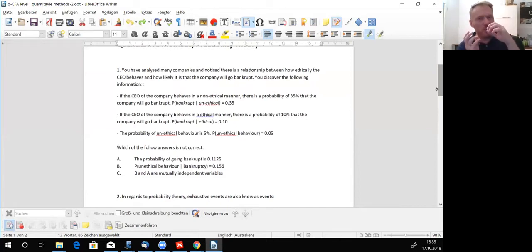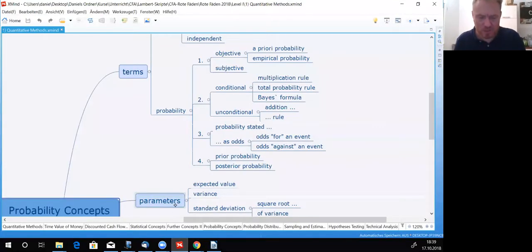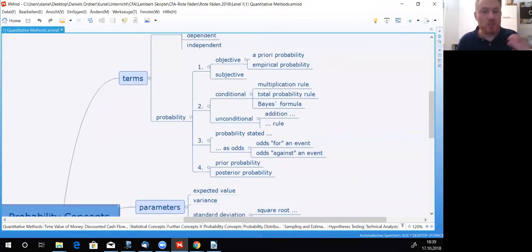We need to learn Bayes' formula and so on and so on. Let's go back to the mind map. Conditional probabilities can be dealt with Bayes' formula. We need to see the multiplication rule, and we have to have knowledge about the total probability rule.